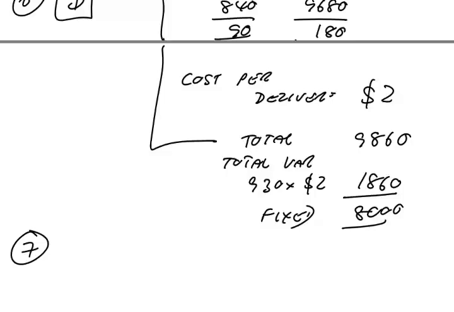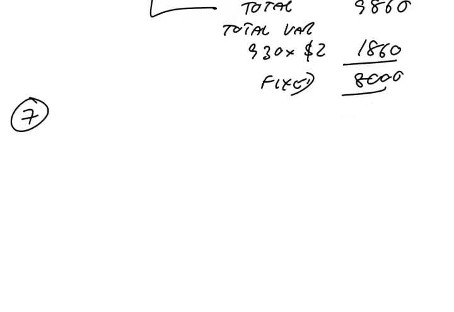The one thing is making sure you've picked the right months. I did say, you pick the highest and lowest in terms of level of activity. By level of activity, I mean number of units produced.